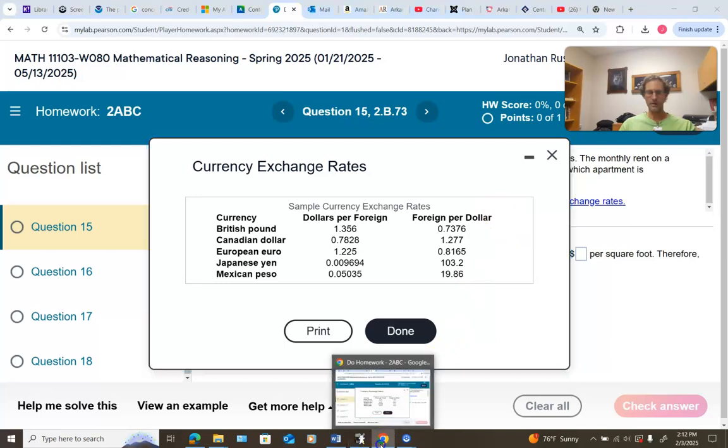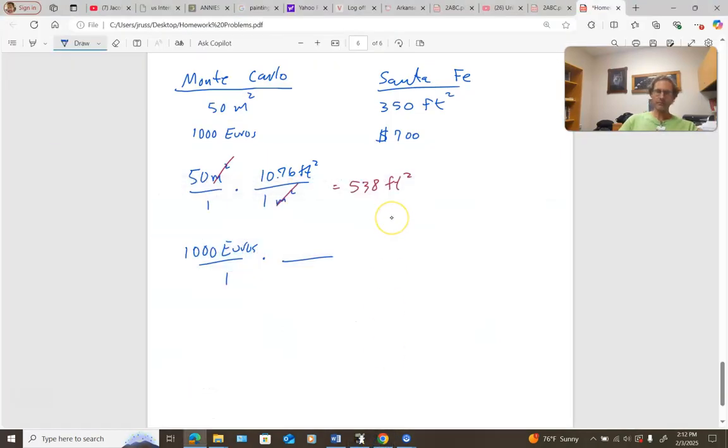So I'm going to write that down. 1 euro is equal to 1.225 US dollars. And the dollar sign denotes that this is US dollars. Sometimes people will write USD after this amount without the dollar sign, and that denotes that it's US dollars, because there are other dollars like Canadian dollars, and people will put CAD for Canadian dollars.